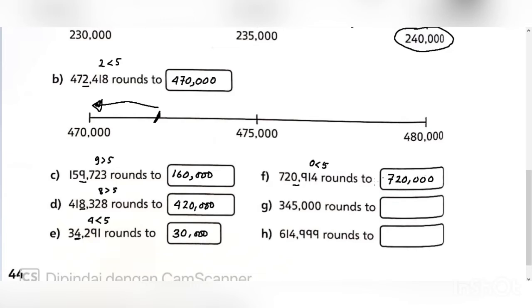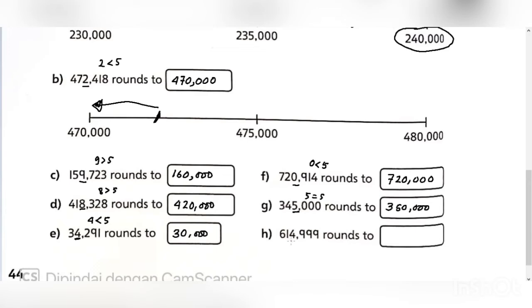720,000. And then the next number, we have 5 here. 5 is equal to 5. So we need to round it up. The answer is 350,000. Okay, the last one for this part.